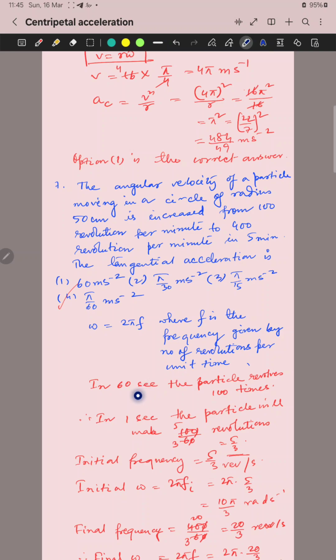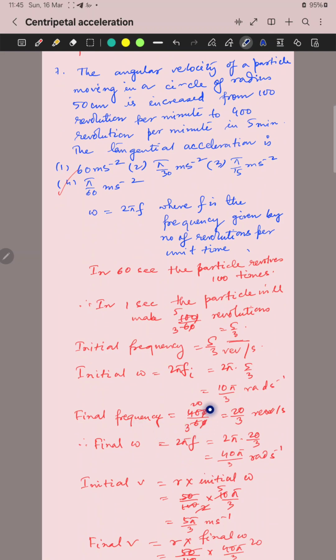Now in 60 seconds, 1 minute equal to 60 seconds, the particle revolves 100 times. So in 1 second, how many times the particle will revolve? It is given by 100 by 60, so it is 5 by 3 revolutions per second. So that is the initial frequency. Therefore, initial omega will be 2 pi multiplied 5 by 3, which gives us 10 pi by 3 radian per second.